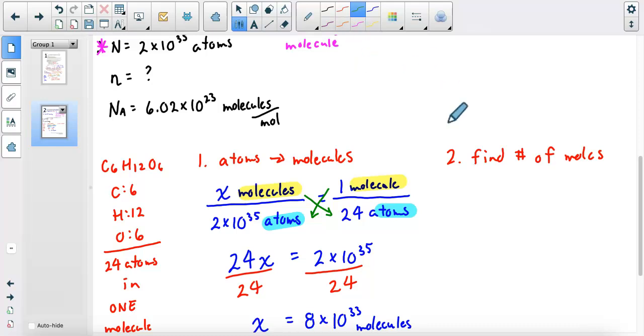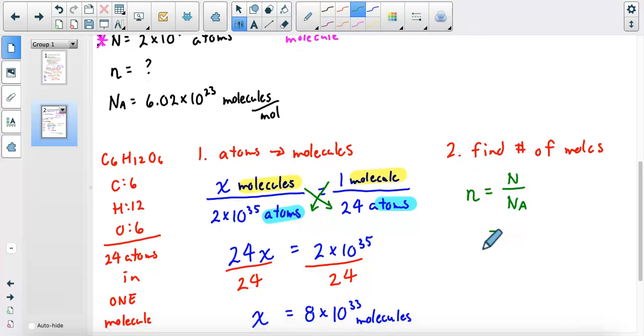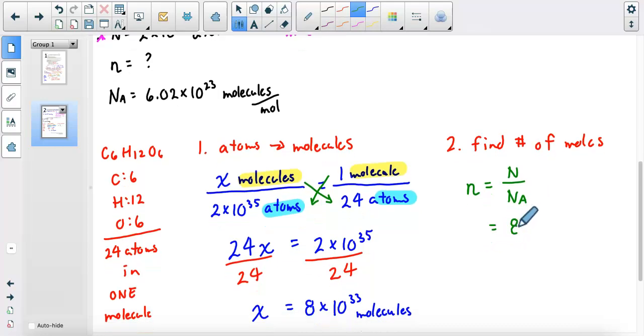So in order to do that, we're going to take our equation, go look at your triangle. It's our n is equal to N over NA. And our sucrose we have is 8 times 10 to the 33 molecules.